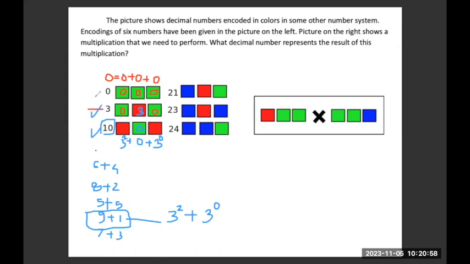This is satisfied, this is satisfied, using this assumption that red tile is some multiple of 3 or some kind of a power function of 3, and green tile is 0. Now 3 raised to 2 and here 3 itself is coming. Now if you compare the first equation where the answer is 3 and the second equation where the answer is 10, in the first equation where the answer is 3, the power has to be 1.